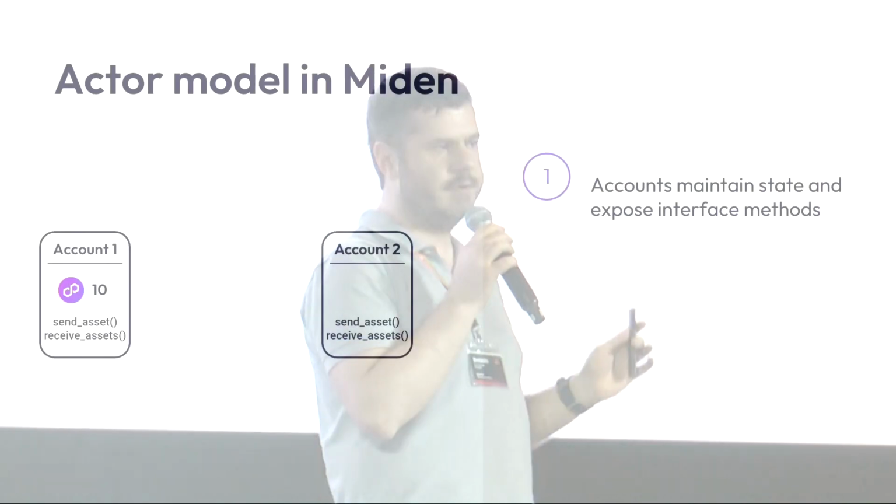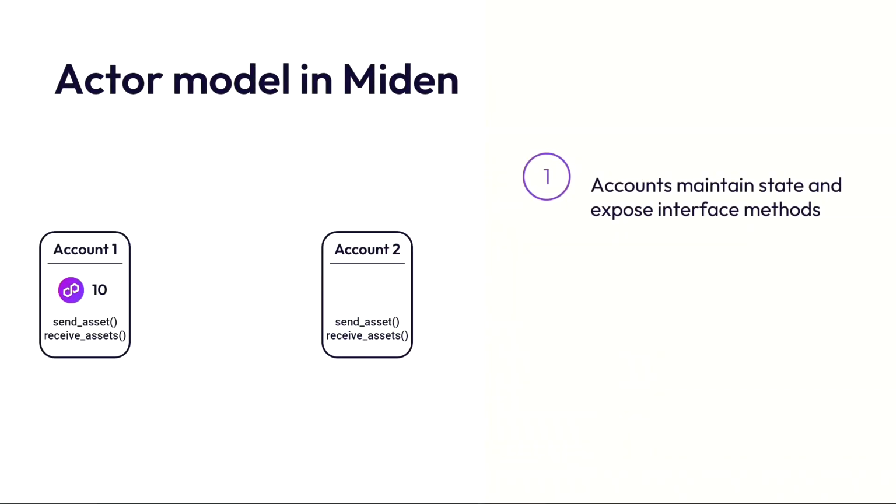In Miden, you have a concept of accounts, and it's a combination of an account-based and UTXO-based model. Accounts maintain their own state, which means storage. Every account has storage, and they also maintain a set of interfaces that they expose.